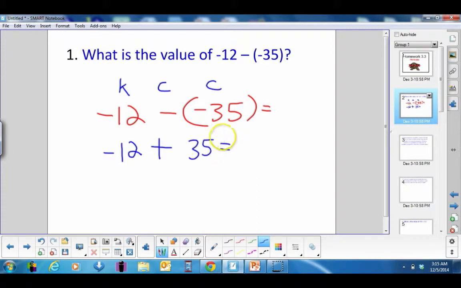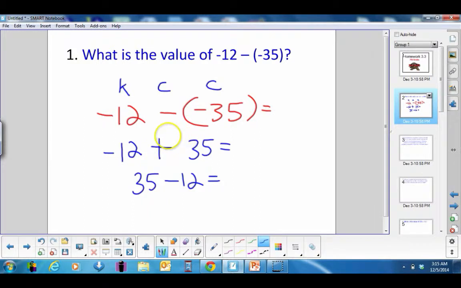The reason I'm doing this is because when I see the subtraction sign taking away from a negative, it's kind of hard to do in my head or on a number line. So if I do the opposite, it's going to make the problem a little bit easier. Now I've got negative 12 and I have positive 35. Well, this is also saying I have positive 35 and I'm taking away 12.